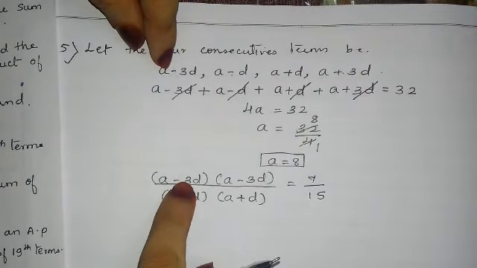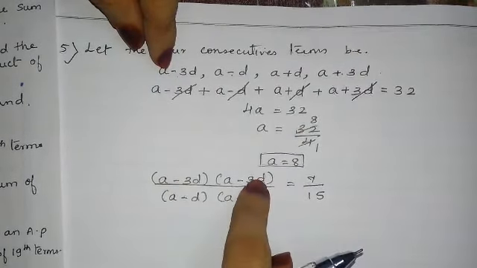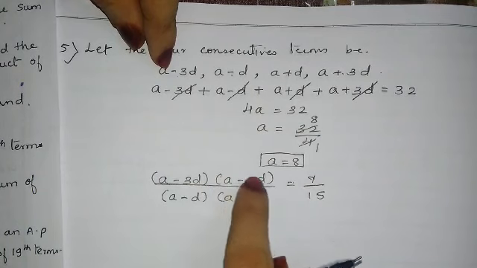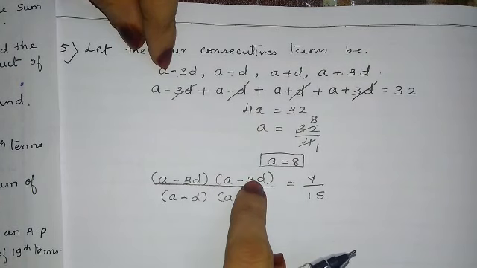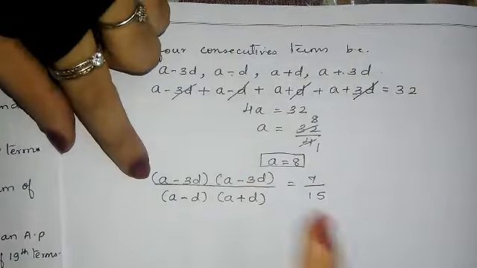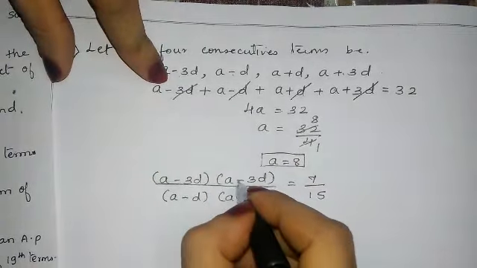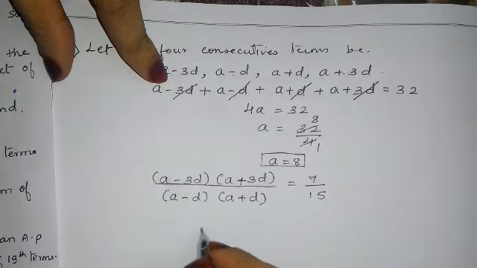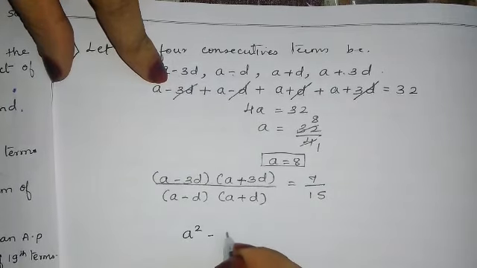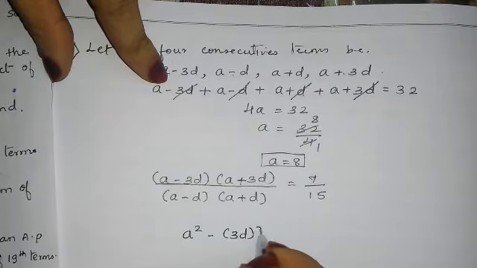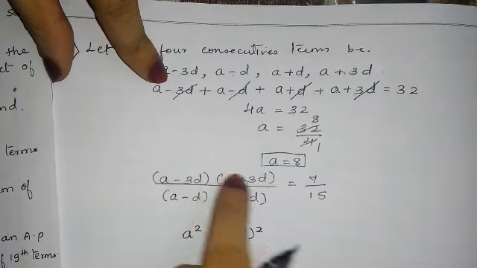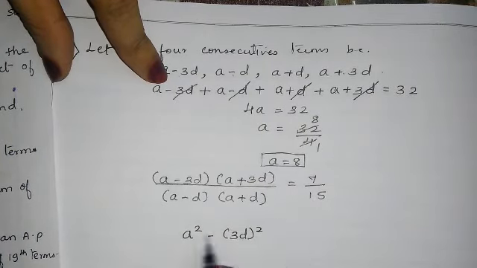So we already know the A plus B, A minus B formula. A plus B, A minus B is nothing but A square minus B square. So here A minus 3D and A plus 3D is nothing but A square minus 3D square.